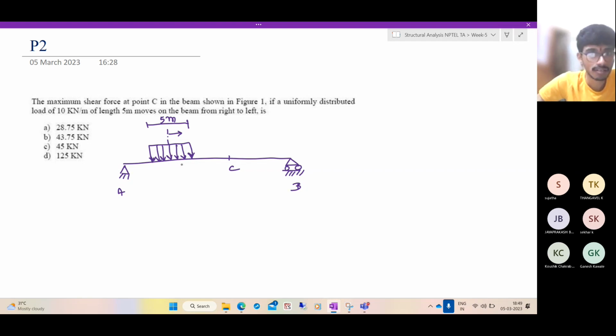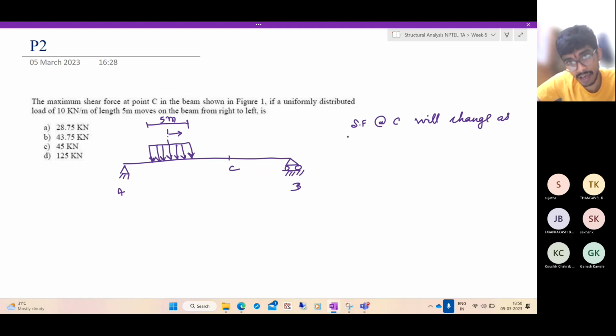So as it moves, the shear force at C will keep changing as the UDL is moving from left to right. At one point, it will become a maximum.